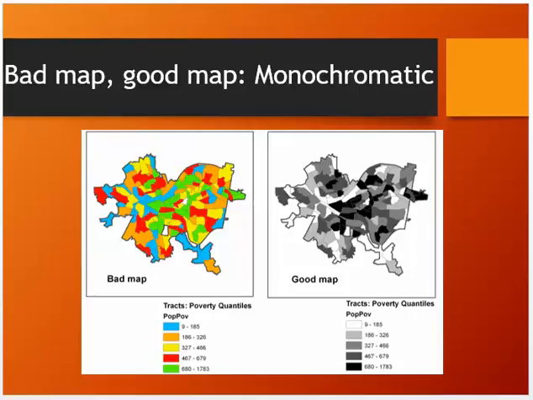We want the map on the right with the graduated color ramp, rather than on the left where the colors have no reference to the value. So we go from blue to orange to yellow to red to green, and it just makes it look like somebody ate Play-Doh and then gave it back on the map. So let's not do that.